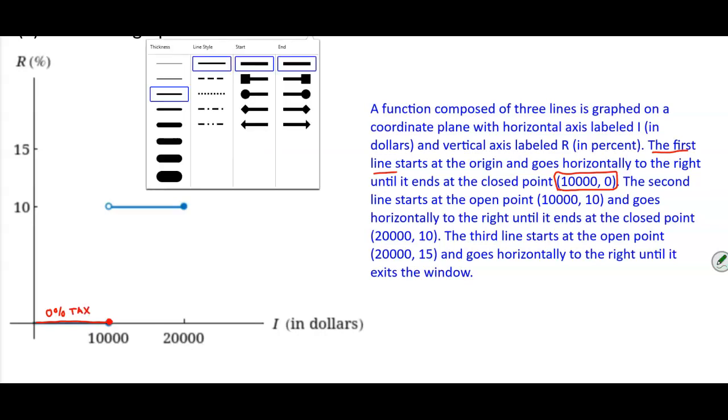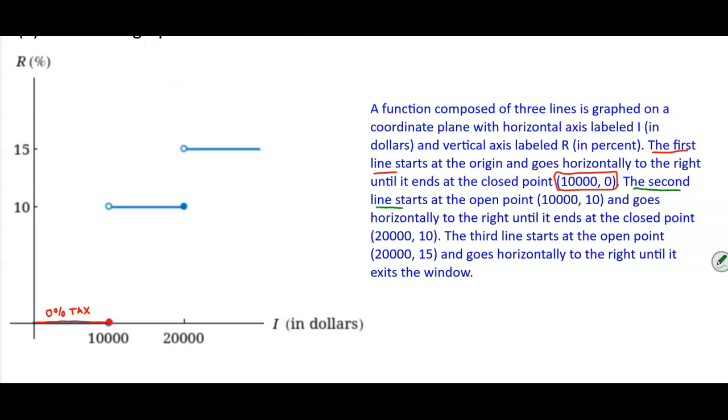Now we want to take a look at the second line. The second line starts at an open point here, and it goes to the right horizontally until it ends at the closed point of $20,000. Why is that?